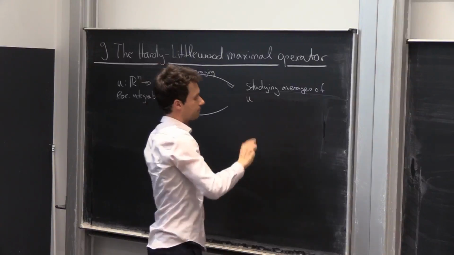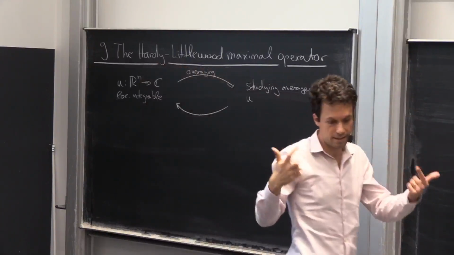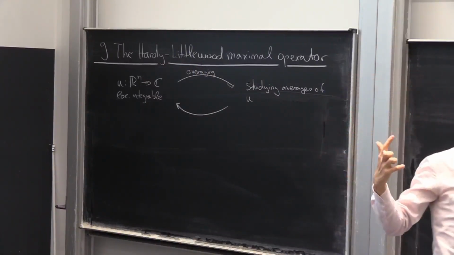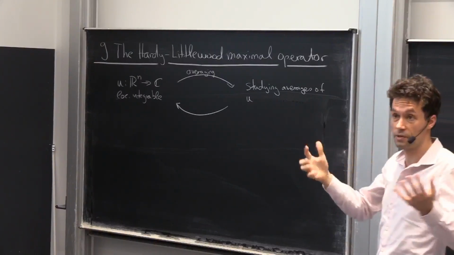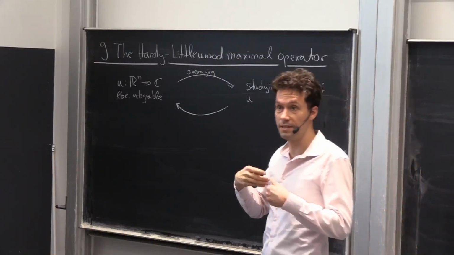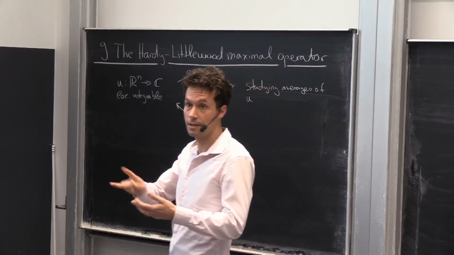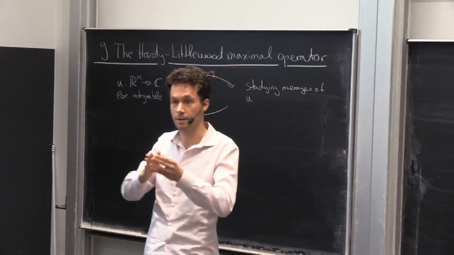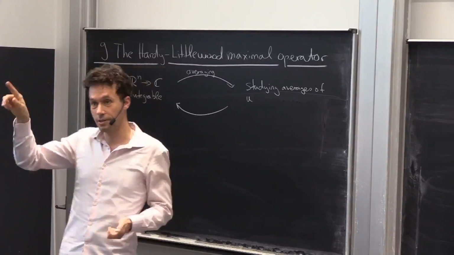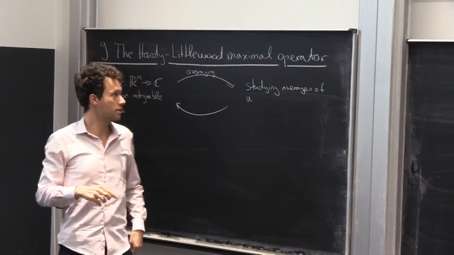Then you might think, depending on what your imagination tells you, that just averaging u on sets of some fixed size probably destroys a lot of information. Just think of something quickly oscillating, and if you average over sets that are too large, you're not going to detect all these oscillations.